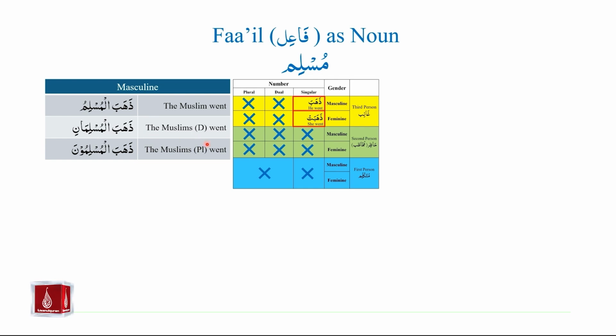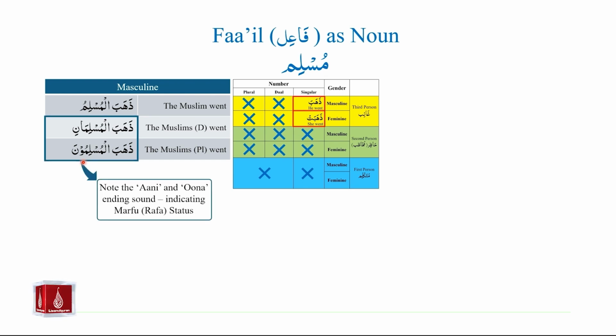The Muslims went, referring to the plural number. The Muslims are performing the action. The Muslims will represent fa'il, and the Muslims will be noun in Arabic. So we will pick cell number 1 from our table and we will say Zahabal Muslimuna. Una ending sound indicates masculine non-broken plural, and una ending sound indicates rafa status.